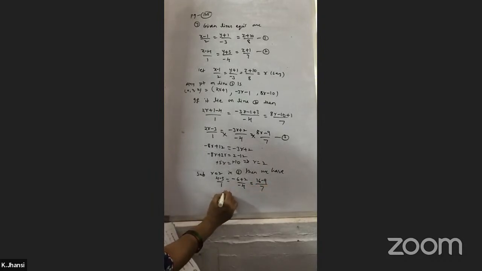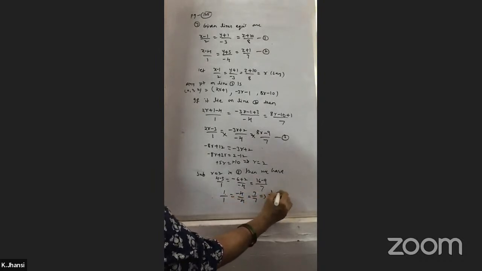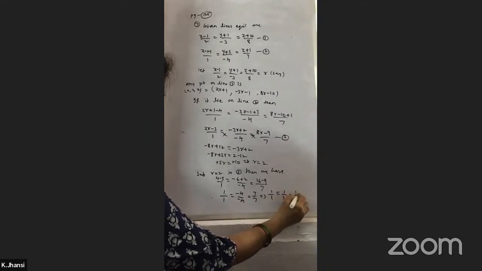Okay, so 4 minus 3 1 by 1, ఇది minus 4 by minus 4, ఇక్కడ 7 by 7 implies 1 by 1 by 1 equals to 1 by 1.